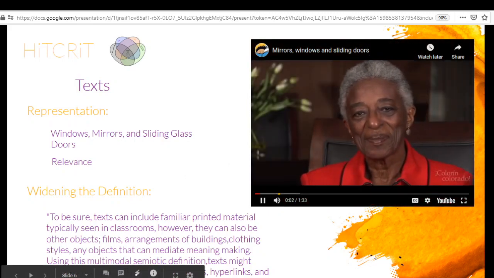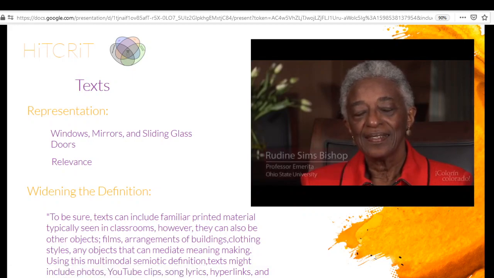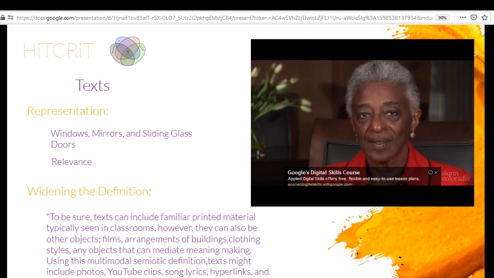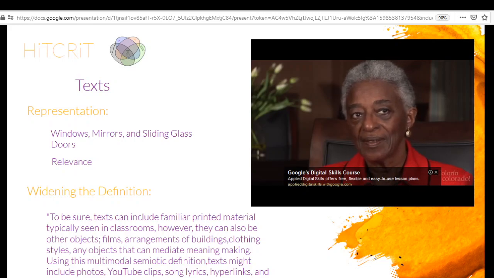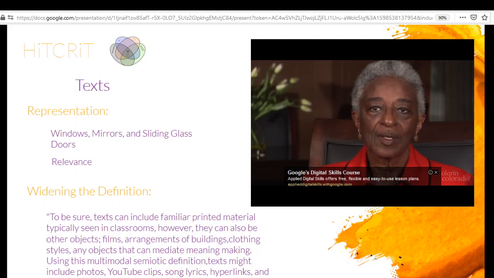We need diverse books because we need books in which children can find themselves, see reflections of themselves. I wrote a piece, maybe 1990 it was published, which I called Mirrors, Windows, and Sliding Glass Doors.